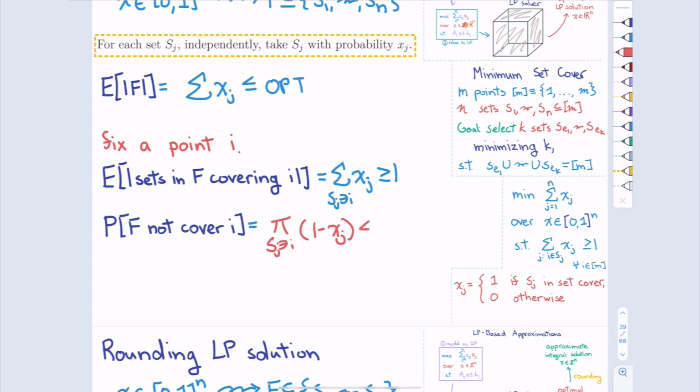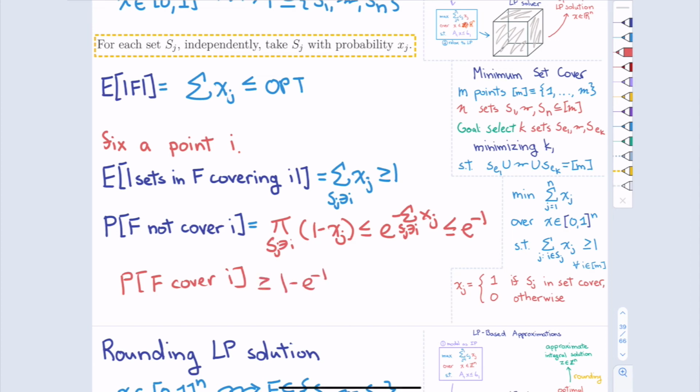And in here, what do we do? Xj. And since they all sum to at least 1, you get something like that. Okay. So we cover i with constant probability. Great.